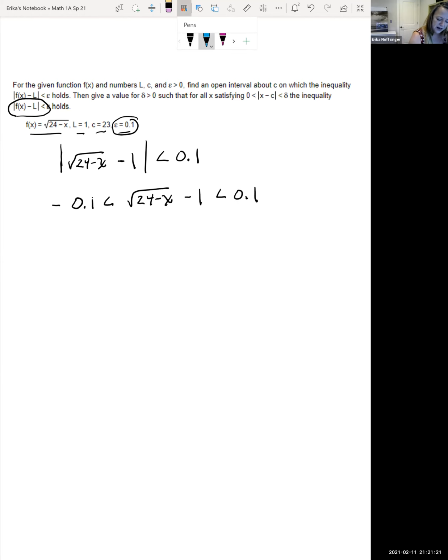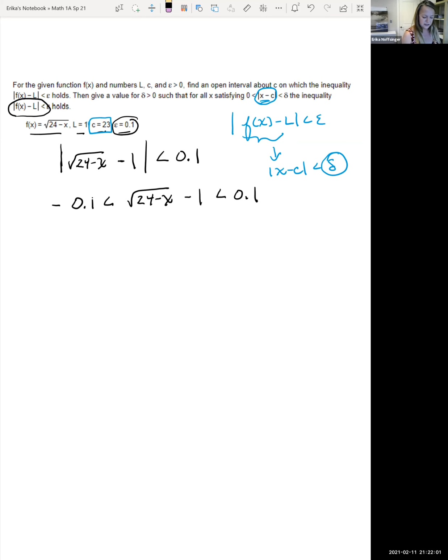So recall yesterday, our whole goal was to figure out what delta was to get this absolute value of f of x minus L to look like this absolute value of x minus c. And once we did that, we could choose what this was over here. Okay, so looking at what that would be in our case, well, our c value here is 23.